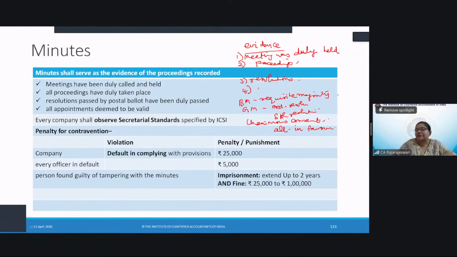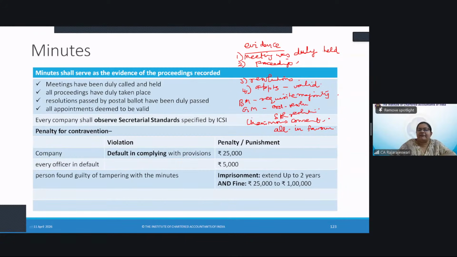So all the resolutions and all appointments are also valid because they have been recorded in the minutes. So that is proof that it is done correctly.